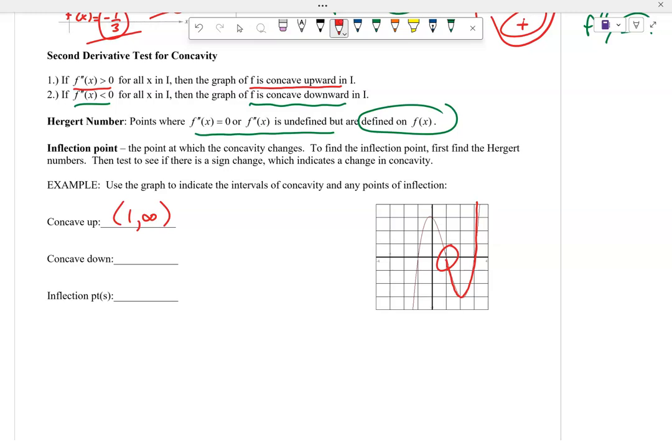If you take the slopes of the tangents on that interval, they'll go up in value. Where is it concave down? Let's do that in green. Can you see how it's concave down, flipped over, if you will? Concave down from negative infinity up until that x value of 1. Okay? So we have an inflection point where? Right where the concavity changes. So at (1, 0) is where this has an inflection point.